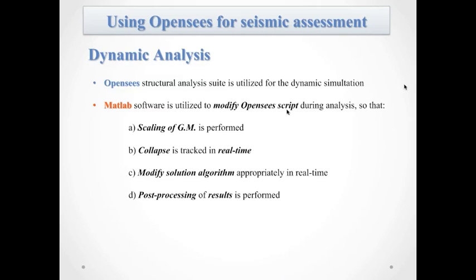Practically, this MATLAB routine helps us in scaling the ground motions. It allows us to track collapse in real time and so modify the scaling. It also helps to modify the solution algorithm in real time. I will show you some more about this later. And finally, a post-processing of the results was performed to create these fragility curves and assess the collapse risk.